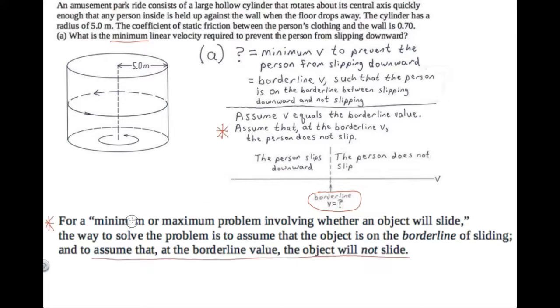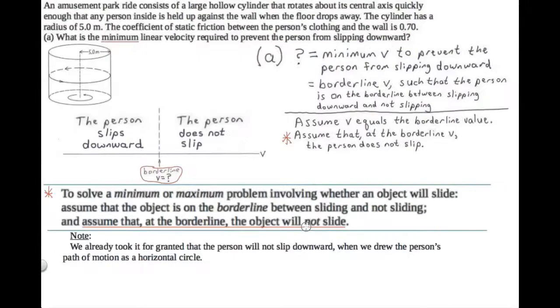Well, for a minimum or maximum problem involving whether an object will slide, the way to solve the problem is to assume that at the borderline value, the object will not slide. So, to solve this problem, we will assume that at the borderline speed, the person will not slip.